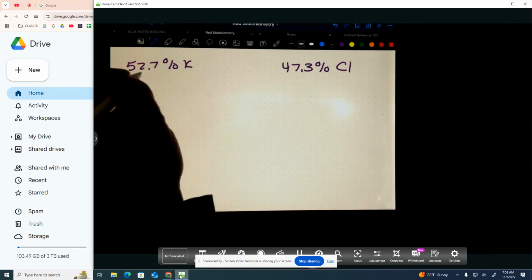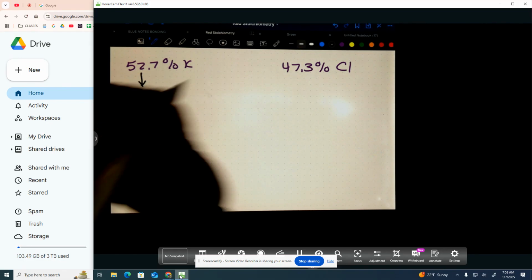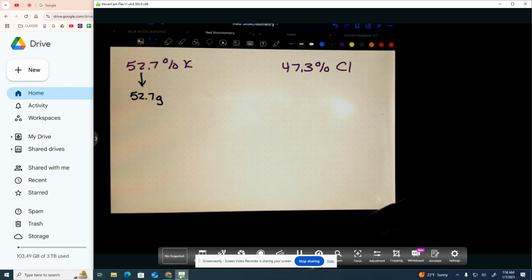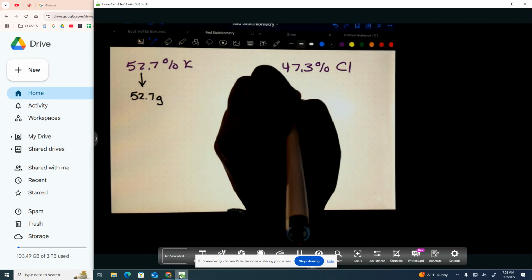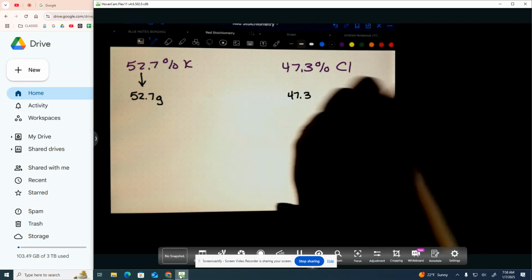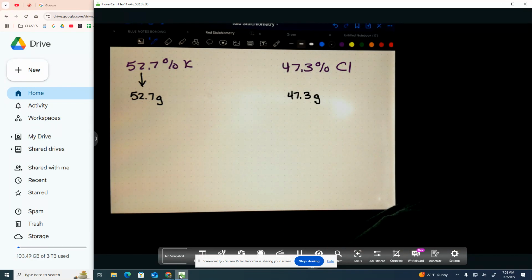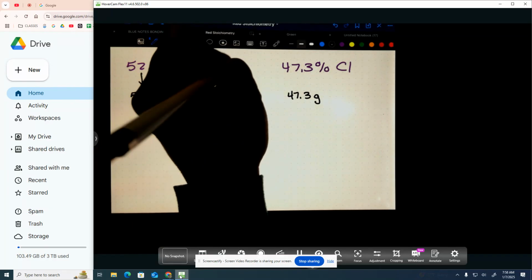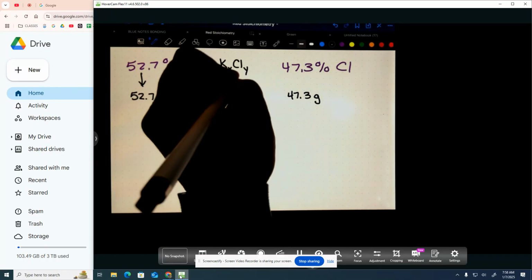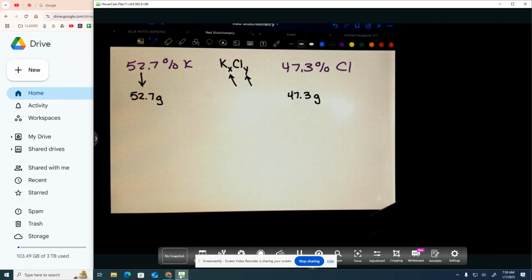So, we're going to change 52.7% to 52.7 grams, and we're going to change 47.3% to 47.3 grams. Okay? Now that we have grams, we can calculate moles, because really what we're looking for are these two numbers, X and Y. Those are a mole ratio.